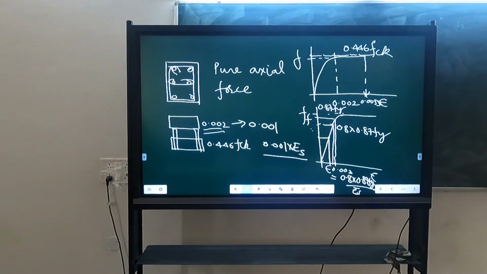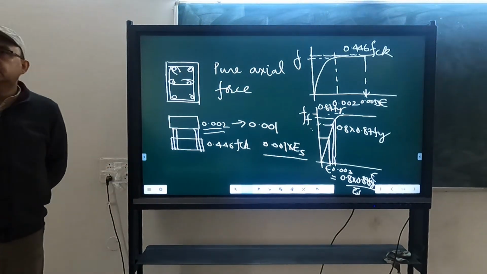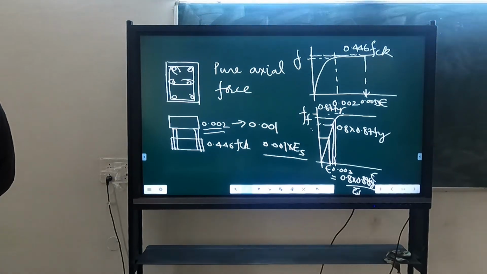Now go to the strain diagram. Yes, this is the strain diagram. The strain diagram is uniform, the neutral axis is lying at infinity. If I multiply this strain into stress, the strain relationship is linear. For steel? No, for anything.